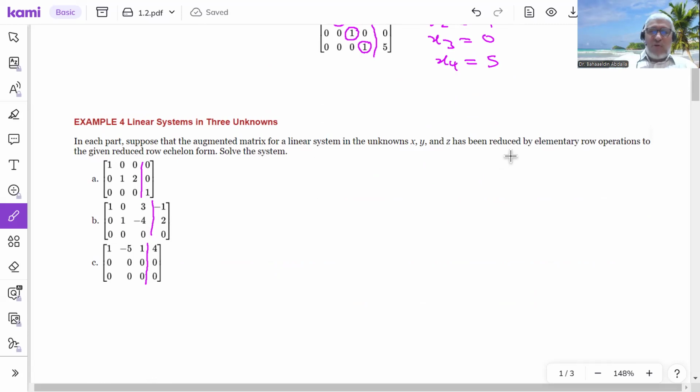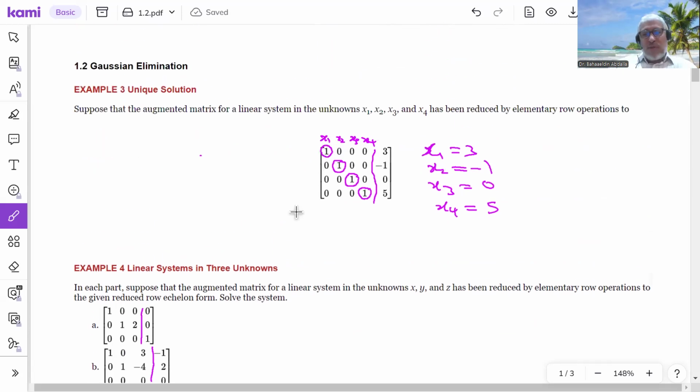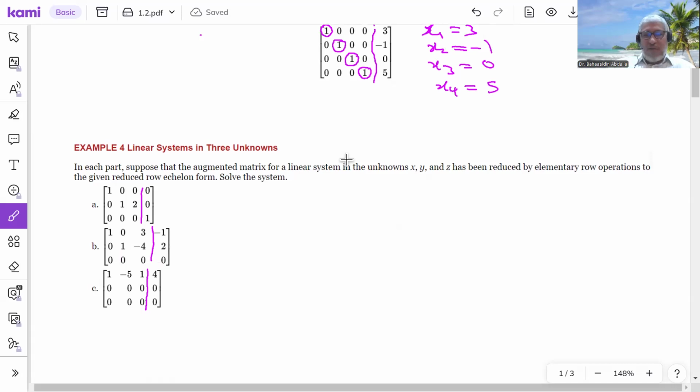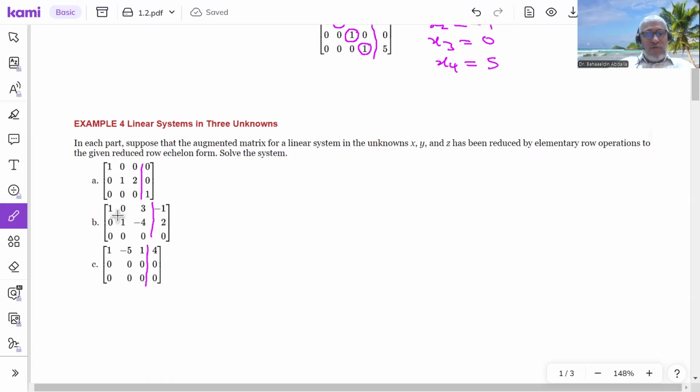By the way, we call this form reduced row echelon form when we have all the numbers above and below zeros. If the numbers below are only zeros, not the above, we call it row echelon form without reduced. So solve the system.